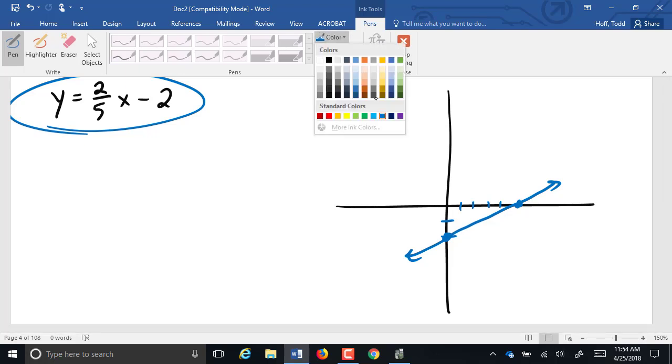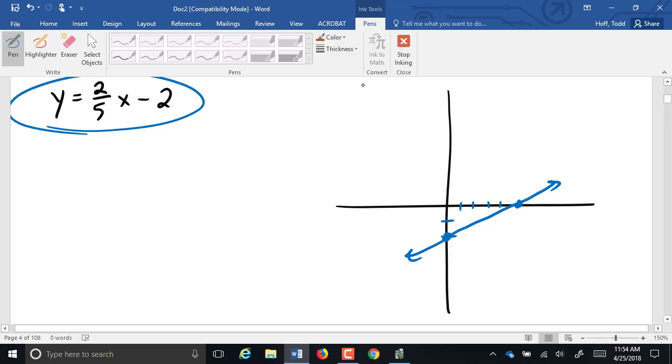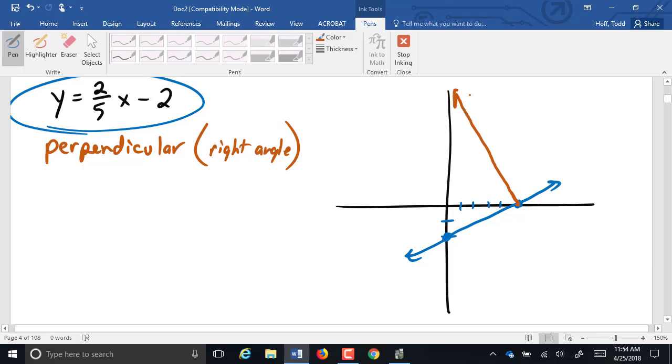Now, we want to find a line that is perpendicular to that. Perpendicular means, of course, that it forms a right angle. So that original line has a positive slope. If our perpendicular line goes through this point here, 5, 0, we draw it like this.